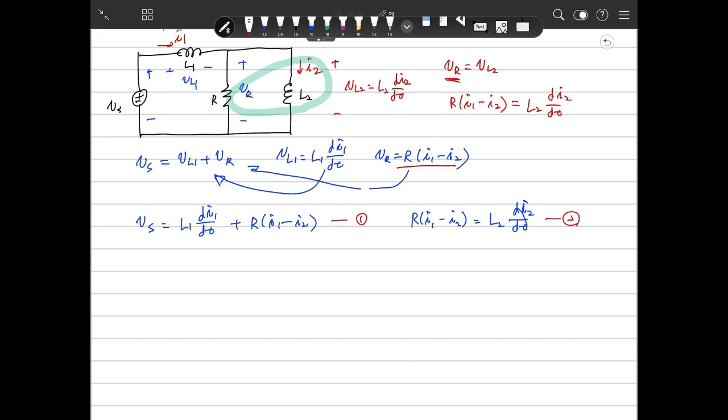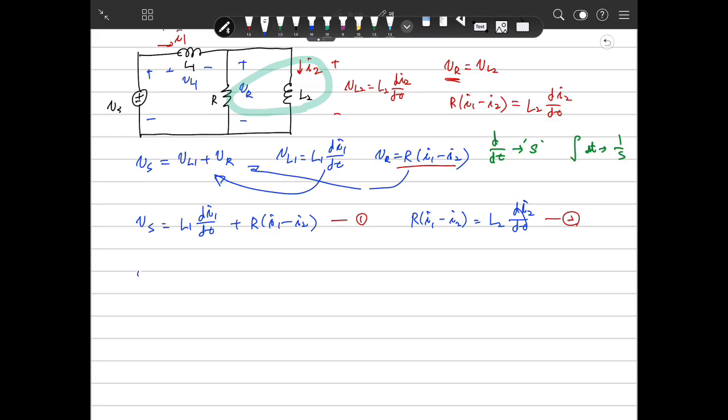Until now, we have the same result as the previous method. Then here we use the operator. We replace d/dt with the s operator, and the integral over dt can be 1 over s.